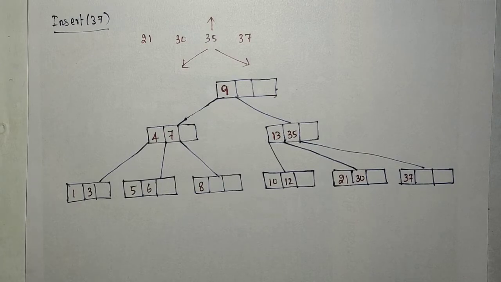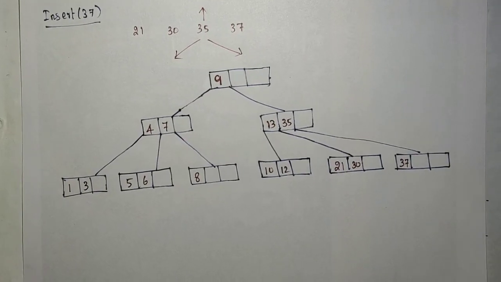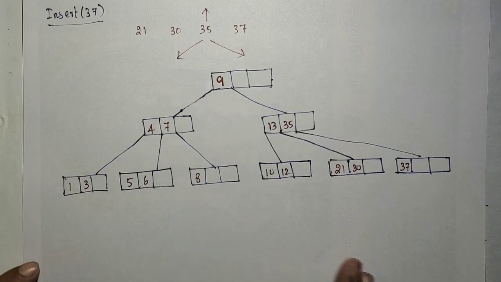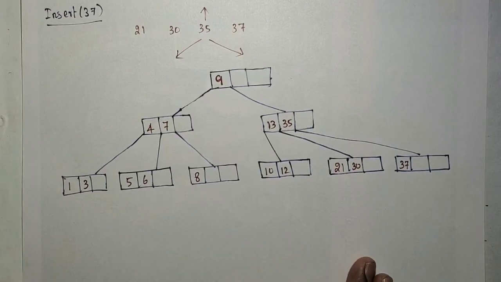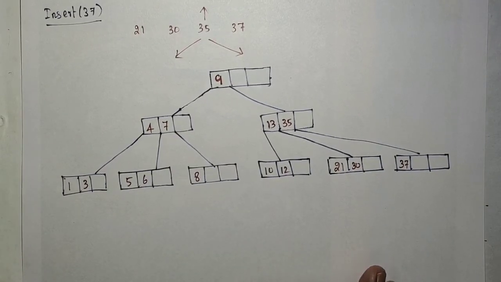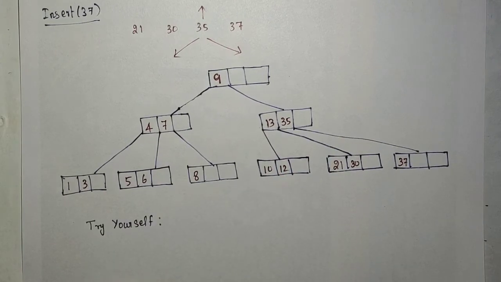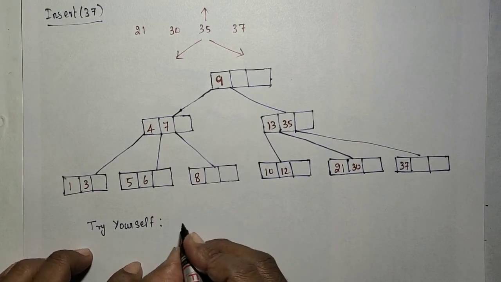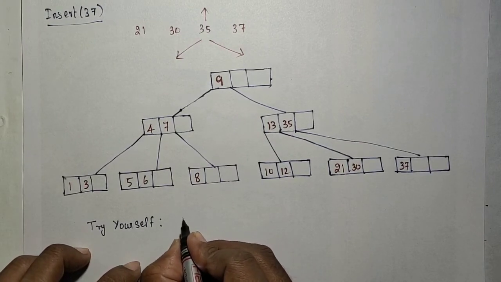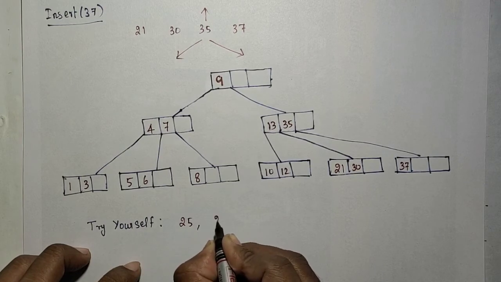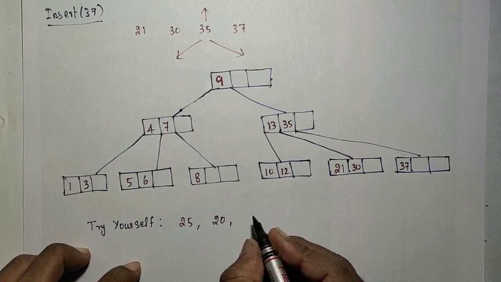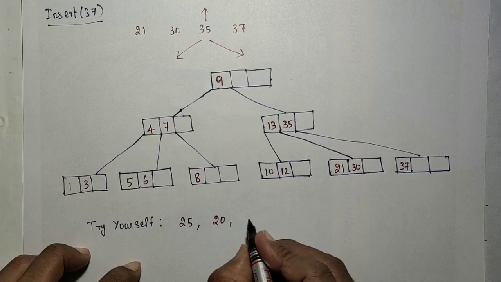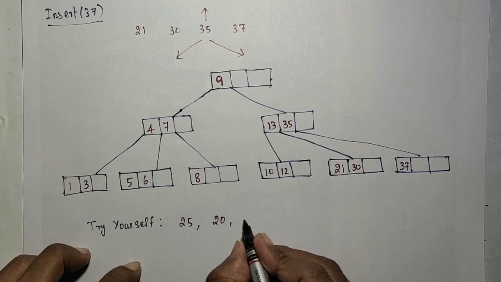Okay, so this is the way of inserting a new element into the B tree. Continue this operation. Try to insert more elements into this existing tree. Try yourself, continue this operation for inserting 25, followed by 20, followed by 29 or 31.